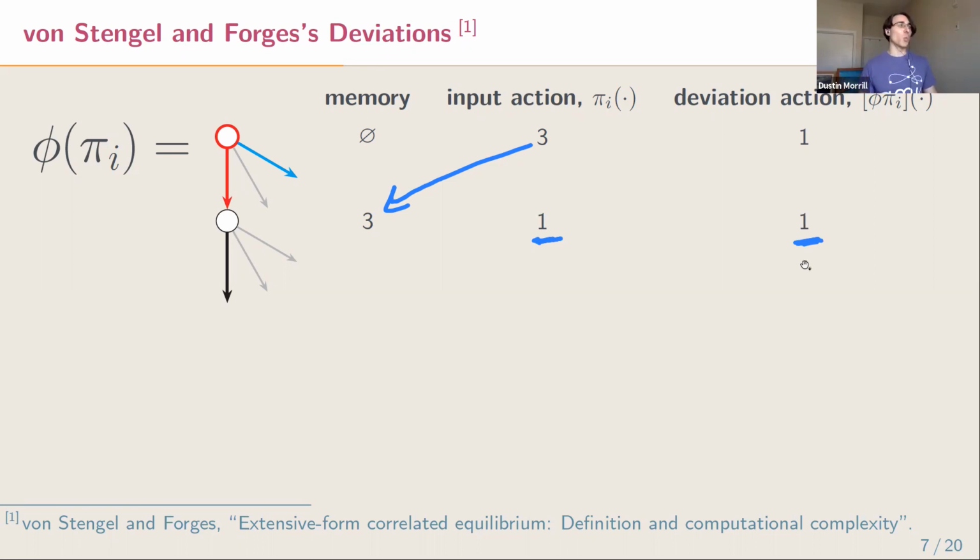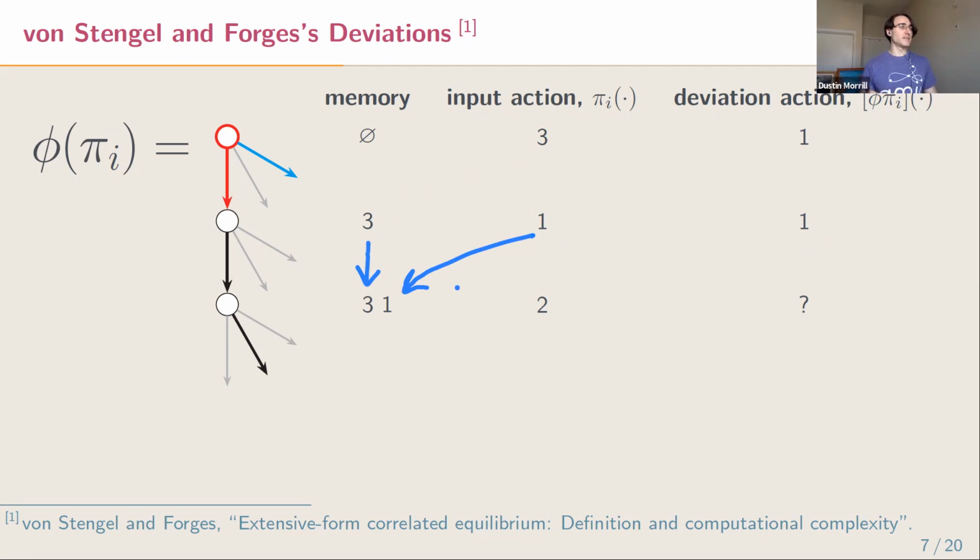It just plays action 1 as well. In the next information set, again, the deviation player gets to remember what they saw before. And also they get to remember the input action from the previous information set. Again, they see the input action and they have to make a choice. So this time they change action 2 to action 1.